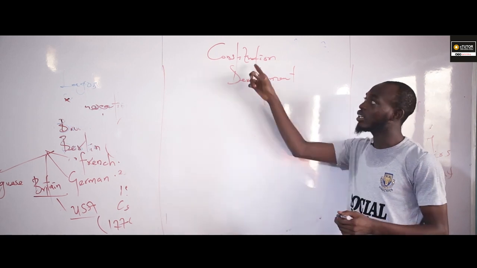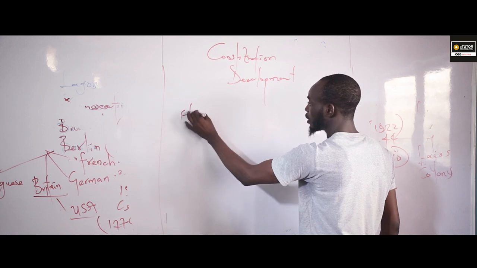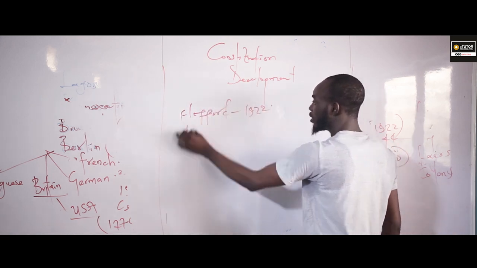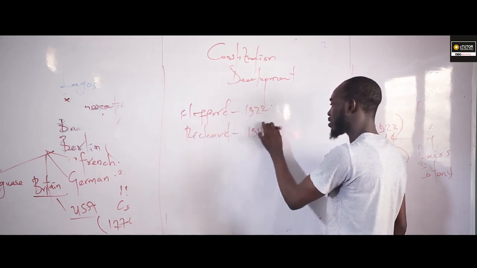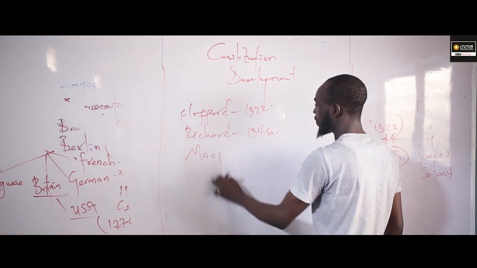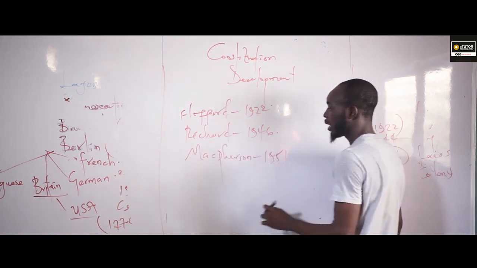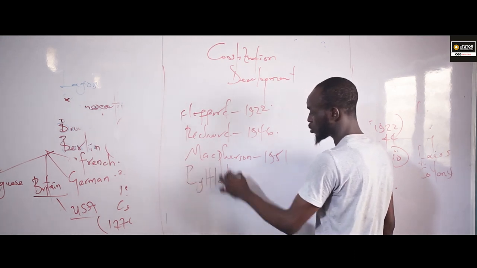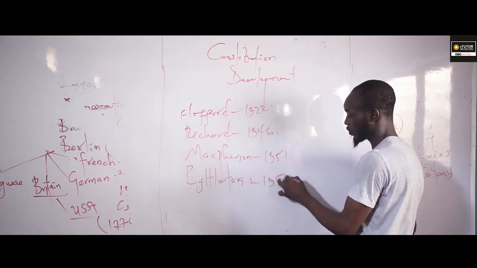Now, in summary, under constitutional development, like I said, we have the Clifford Constitution to have existed in 1922, Richards Constitution in 1946, Macpherson in 1951, and Oliver Lyttelton Constitution in 1954.